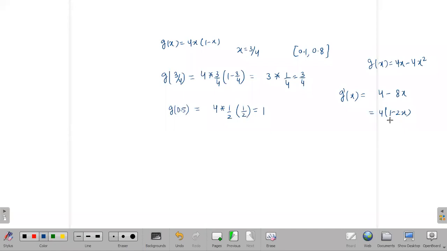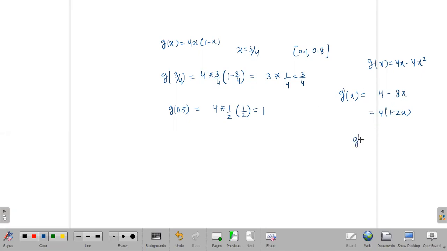Ma'am, mod of g dash x. Ma'am, but if we take the mod of it, then can we say? Actually, if I take its g dash x, it is 4 minus 8x.